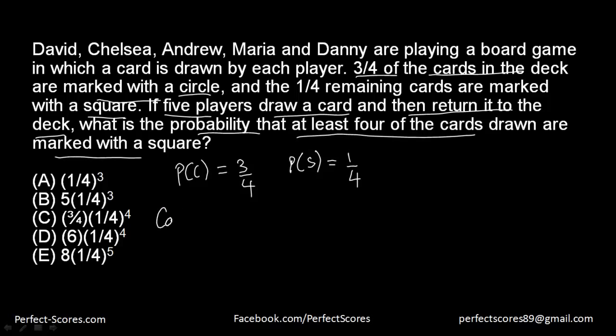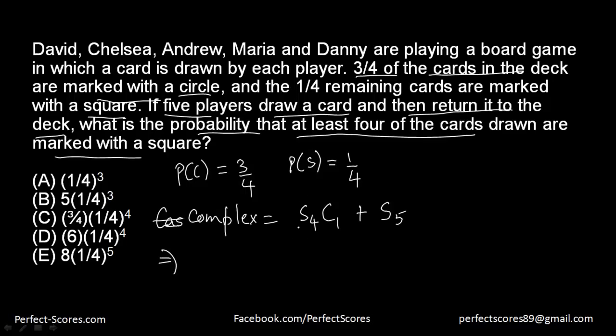So what different cases, what different complex events do I have, right? So writing this as complex events. He wants at least 4 cards as a square. So he can have 4 cards as a square and 1 card as a circle, or he can have all 5 cards as a square. Right? Now again, it's all a matter of me solving this question.